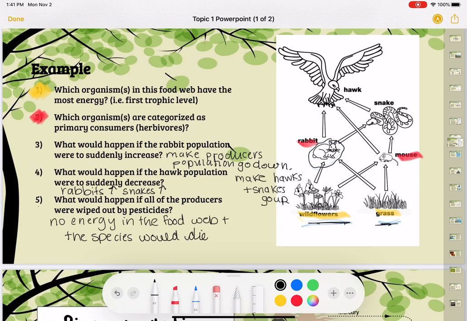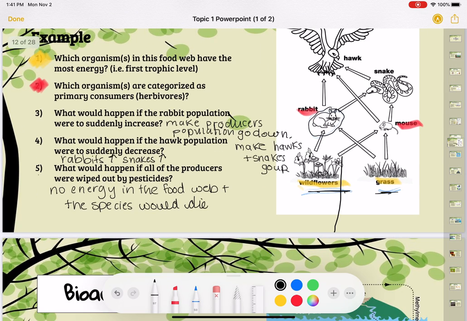Okay. So really important to realize is that if we don't have those producers, the things that use photosynthesis to capture energy from the sun, then we have no energy in the ecosystem. Okay.